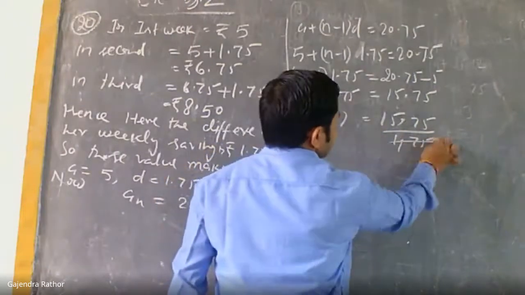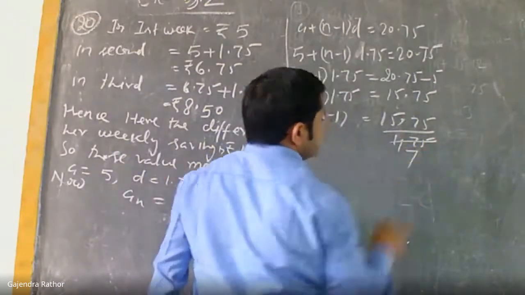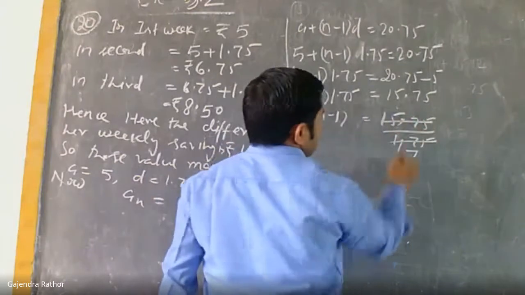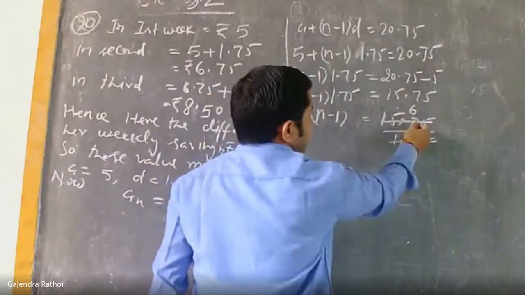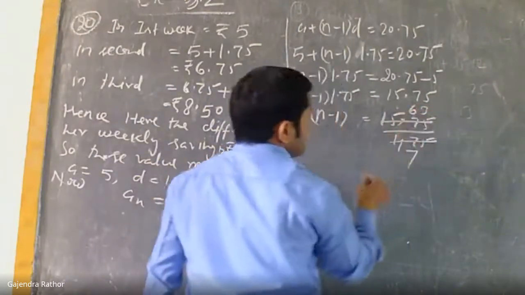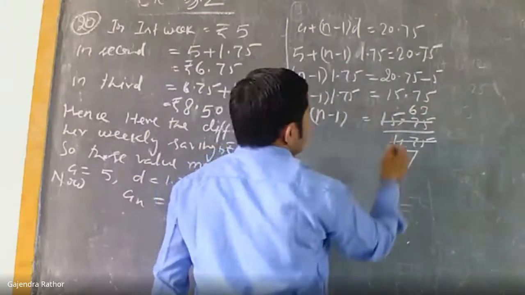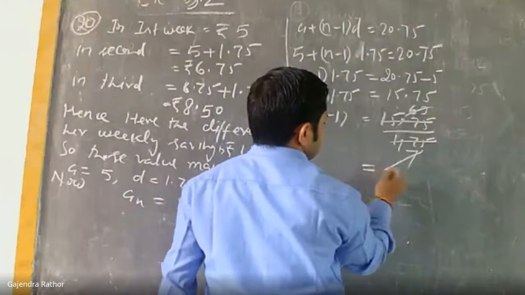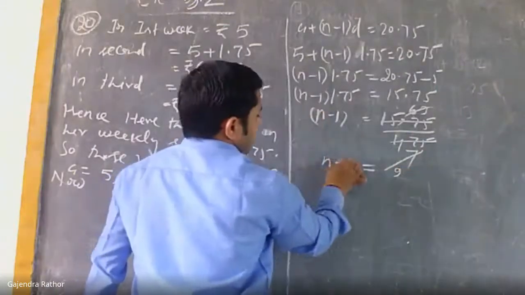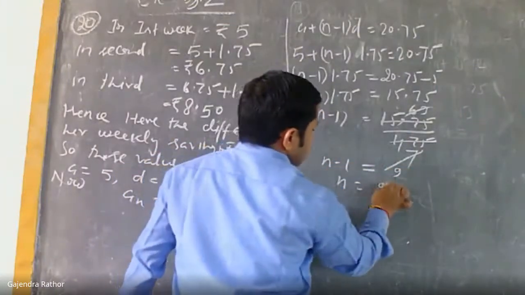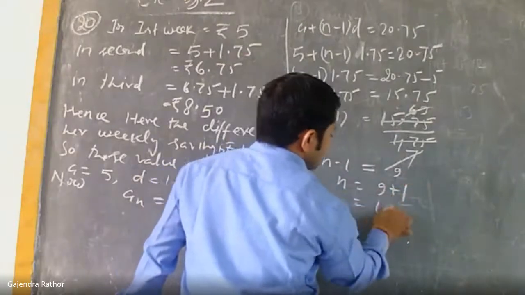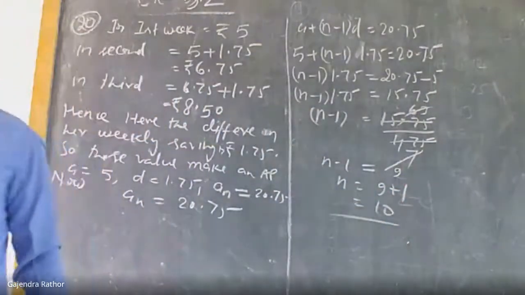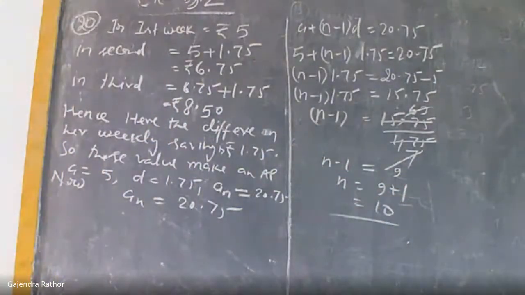Now divide by 25. 25 sevens are 175. 25 times 6 are 150. 25 times 3 are 75. So n minus 1 is equal to 9. n is equal to 9 plus 1 is equal to 10. So the required answer for the number of weeks is 10 weeks.